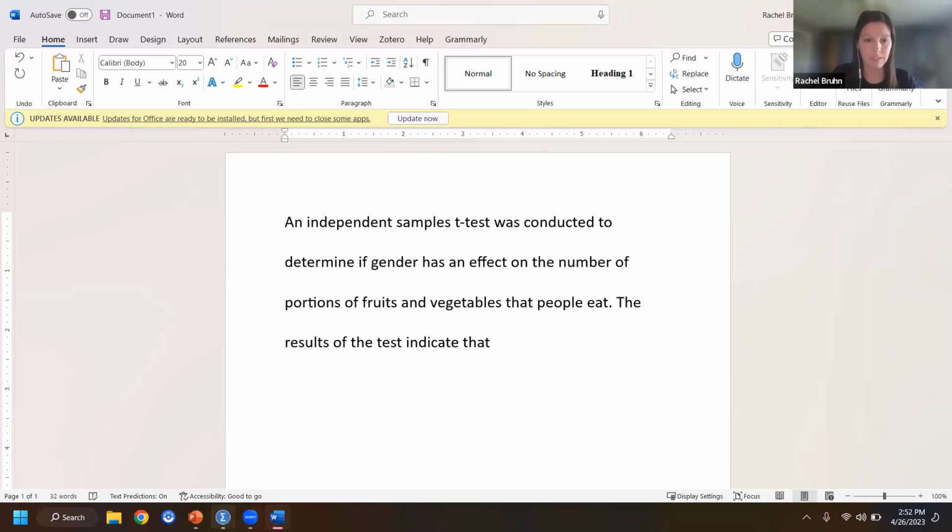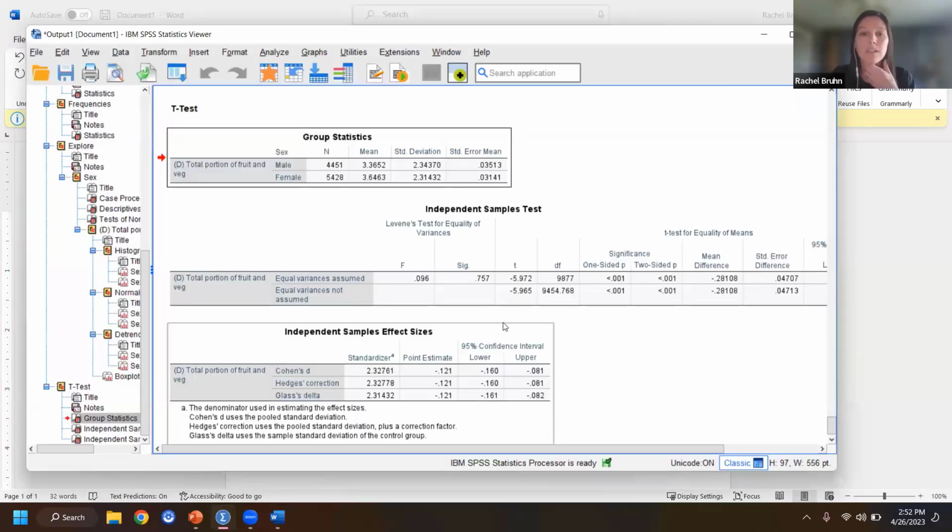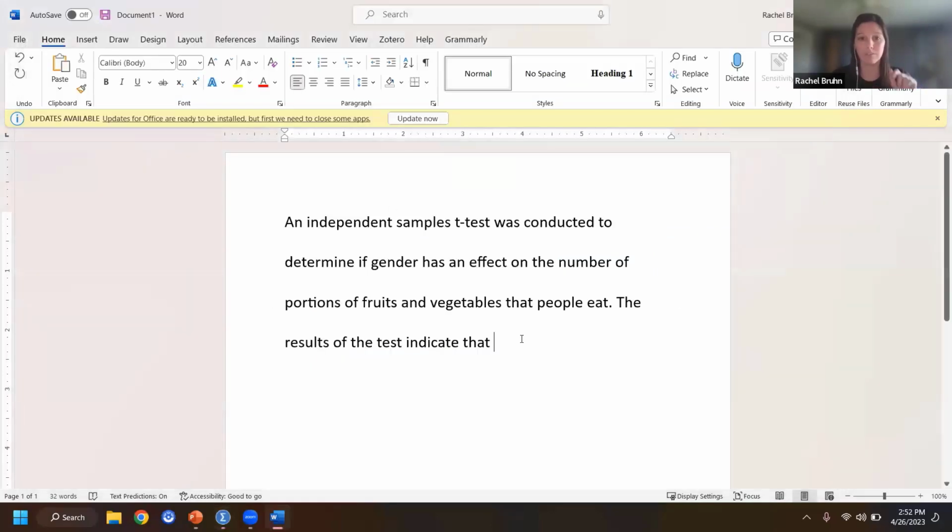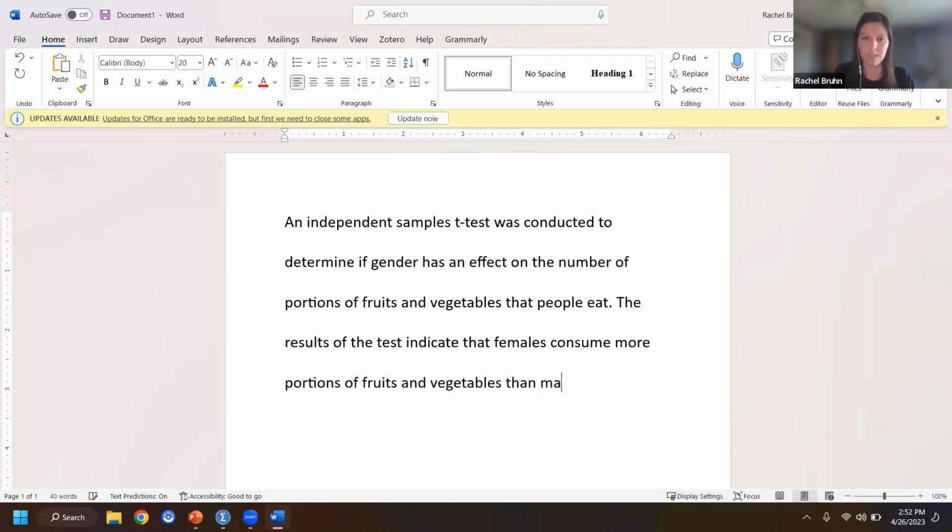We know it's significant. So the mean for females was 3.6. The mean for males was 3.3. So females eat more. Females consume more portions of vegetables than males.